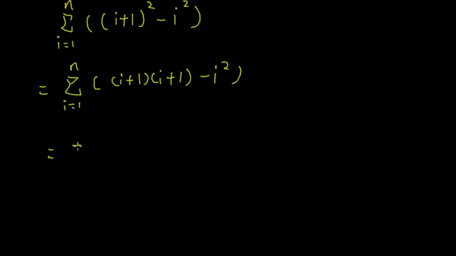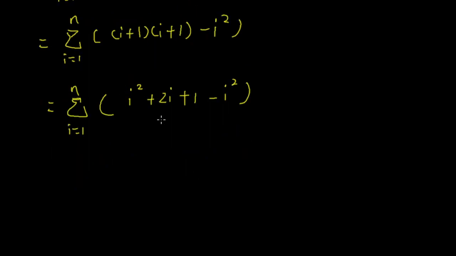Okay, that is equal to, we know that this is i squared plus 2i plus 1, after you expand it. And then minus i squared. Notice that i squared and i squared cancel out. All I have left is just this, 2i plus 1.